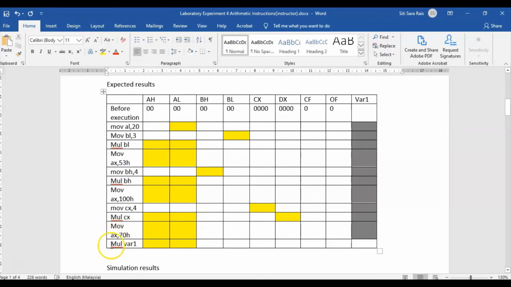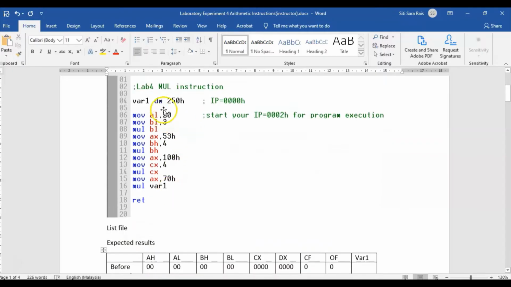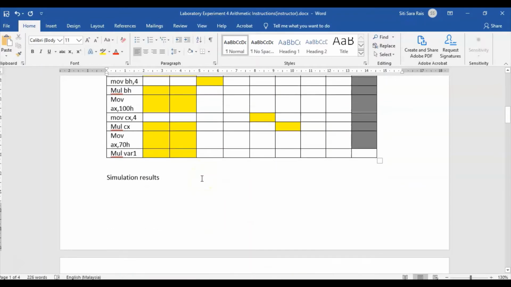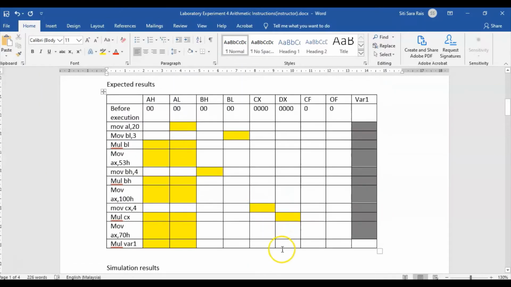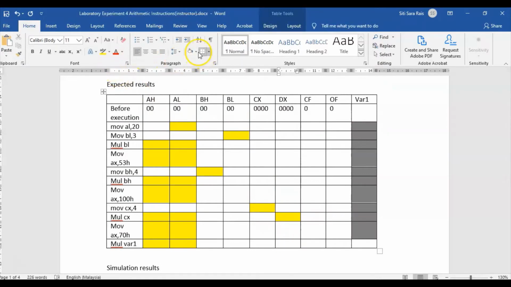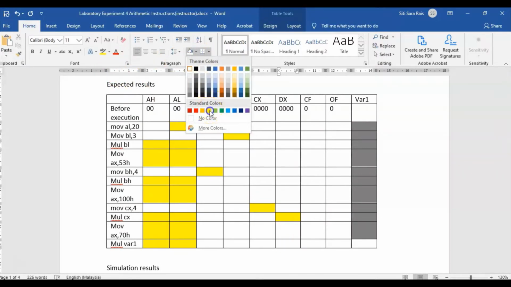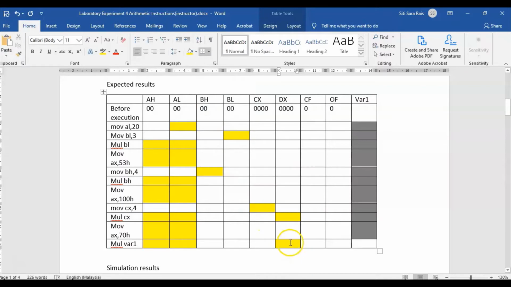And the last one, var1: if you refer to your instruction, it is word size, so we do word size multiplication, and the result will be changed in DX and AX. Now we have to expect the result.